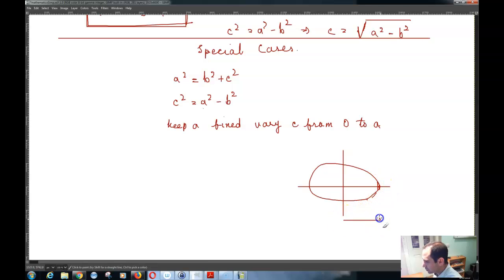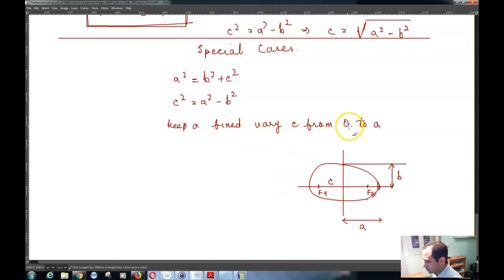Your a is basically this distance over here. You keep this fixed, and c is the distance between, for example, f1 and f2, and your b is this distance over here. Suppose that b is this distance over here, and this distance over here is c.